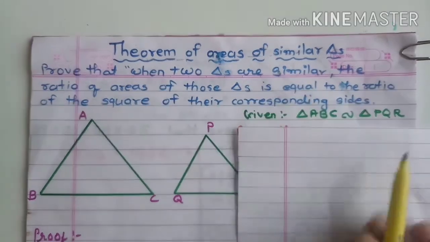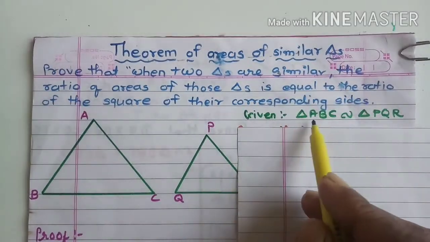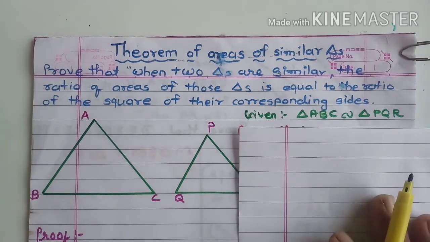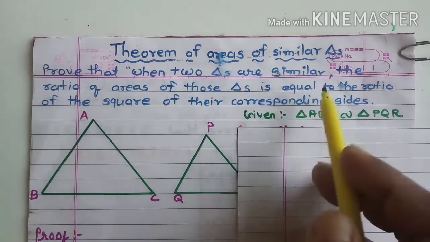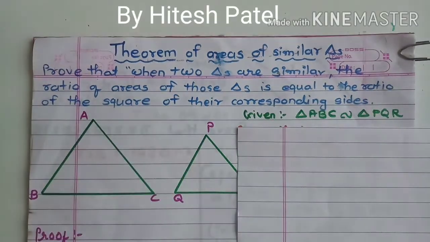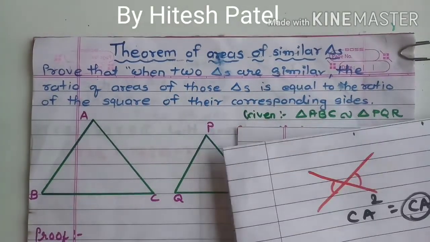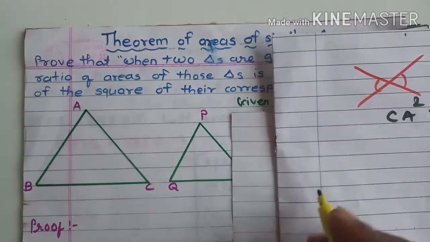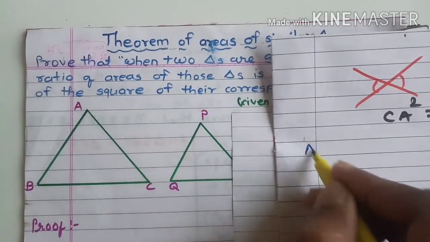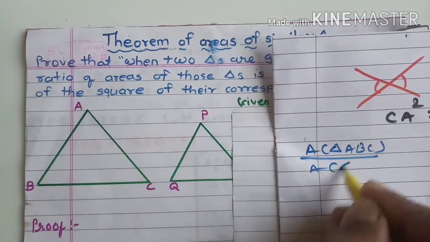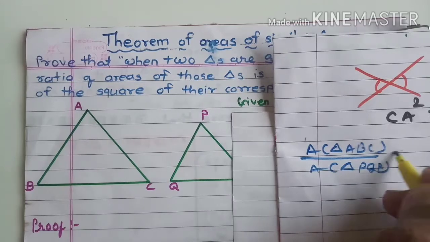So in given we write triangle ABC is similar to triangle PQR. Now if triangles are similar, then the ratio of area, which means division, is area of triangle ABC upon area of triangle PQR.